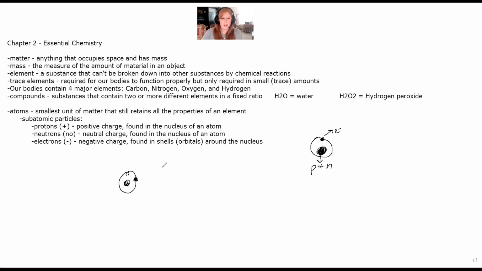And I'm going to have an oxygen atom and it has more. I will show you how to figure out how many electrons go where, for those of you that want to know.